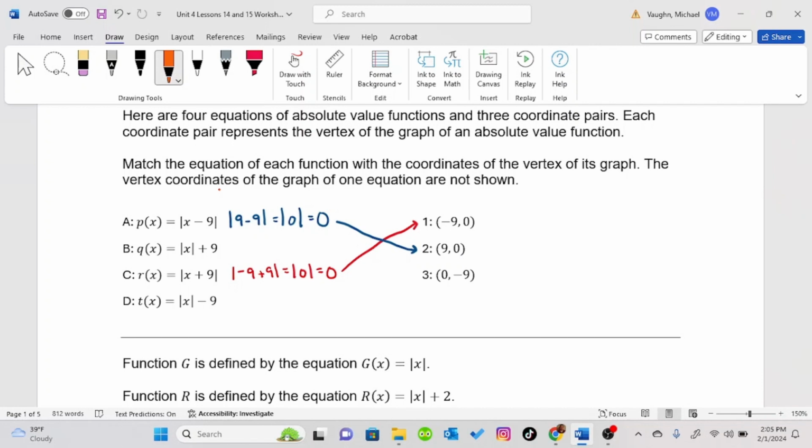If we look at D, the absolute value of 0 is 0, and 0 minus 9 is -9, which is what we want. So absolute value of 0 minus 9 equals 0 minus 9, which equals -9. So D matches 3.